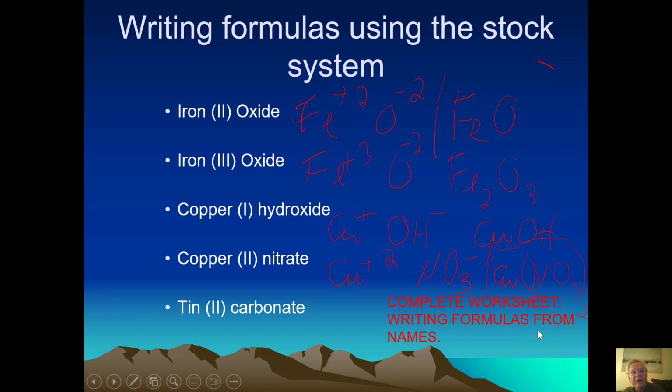And this last one, tin 2 carbonate. Sn, stock system, plus 2, which type of tin? The one where 2 electrons have been lost. Carbonate, CO3, that has a -2. Well, since this 2 will come down outside the carbonate and this 2 will come outside the tin, we can reduce, and we don't have to write any brackets or anything.